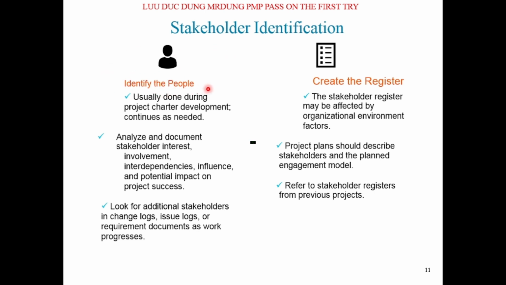We have to identify the people. Usually done during project charter development. Continuous. Analyze and document stakeholder interest, involvement, interdependence, influence, and potential impact on project success.